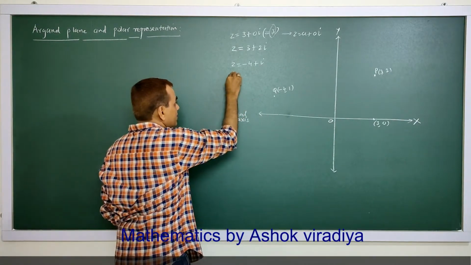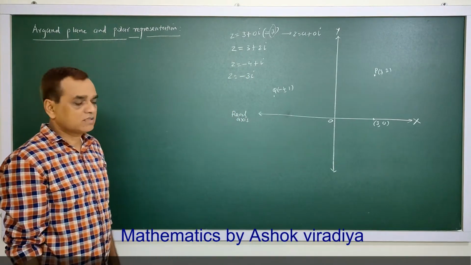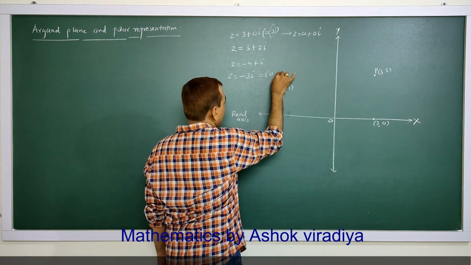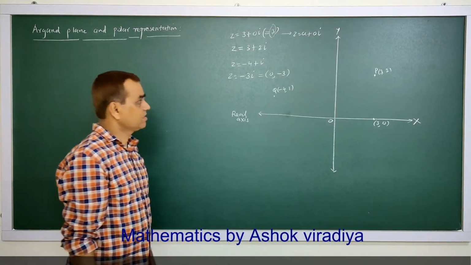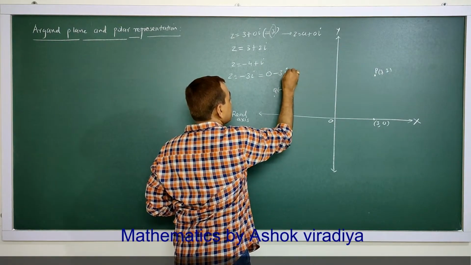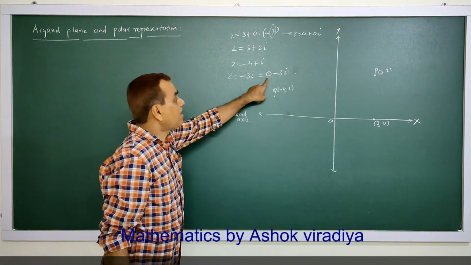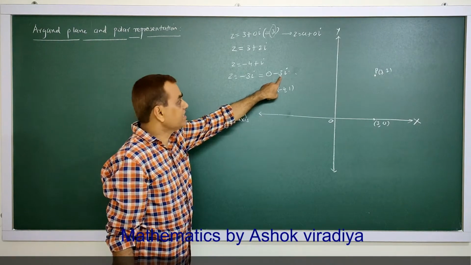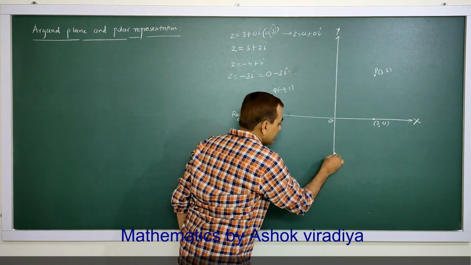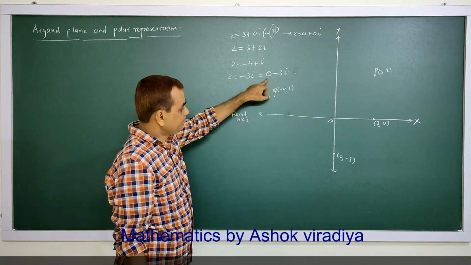So this x-axis is also said to be the real axis. If we represent z equal to minus 3i, its standard form is 0 minus 3i. So you can observe this as (0, minus 3). Real part is 0, imaginary part is minus 3. So (0, minus 3) is somewhere here. This is the point corresponding to this complex number.